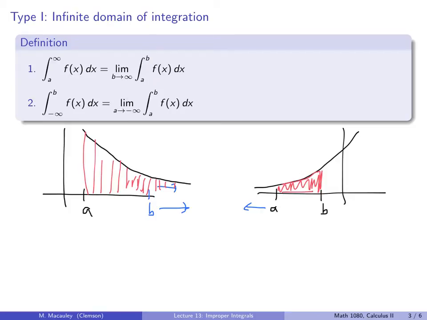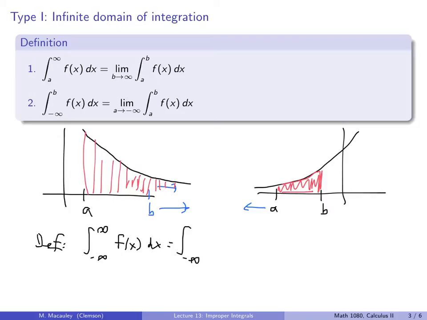Also, as a corollary of this, it's easy to define, and this might be a part 3, the integral from negative infinity to infinity of f of x dx. We just define that as the sum.